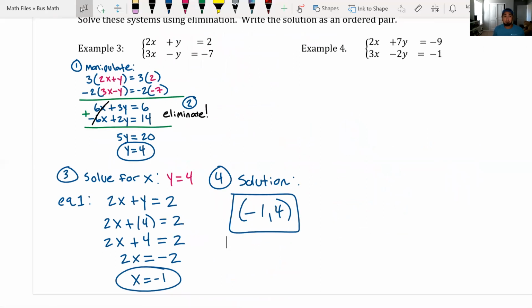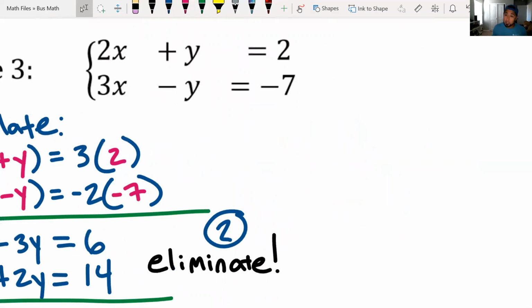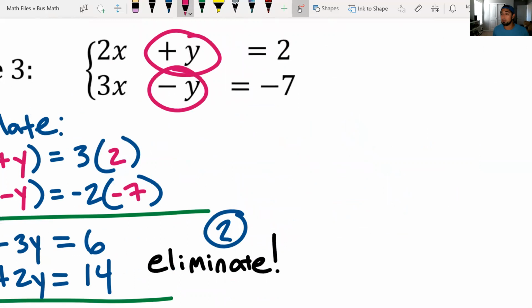And that was elimination. Again, no wrong way about it. Just choose the right multiple. I wanted to show you how to manipulate because this one could have been solved a lot faster, because look what we had already in the beginning. We had a positive y and a negative y. Well, if you add those together, they would have canceled each other out already.